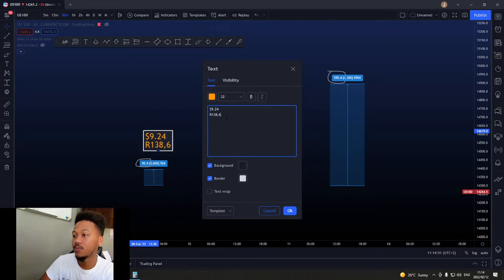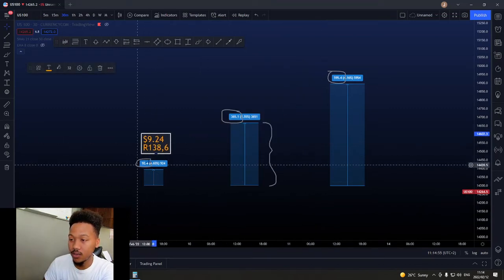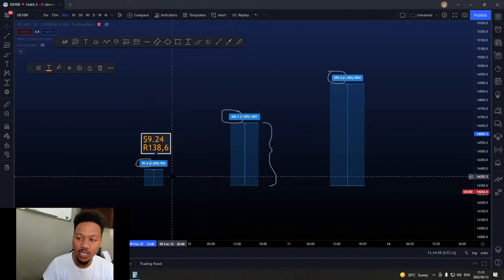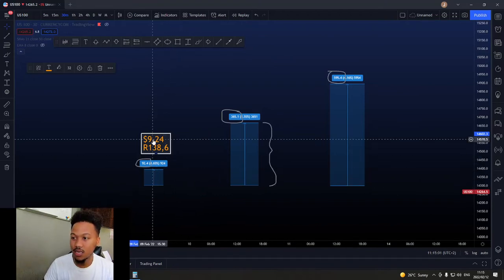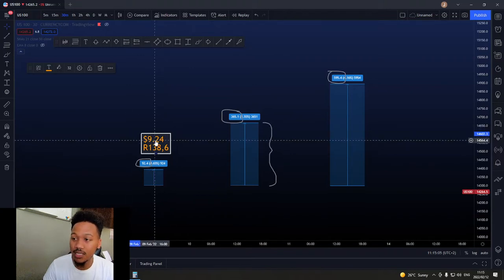So what is standing here is that, let's say this is your stop loss area, this is saying you are risking on a dollar account $9.24.